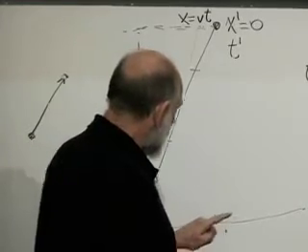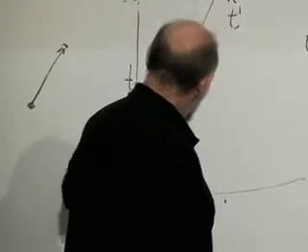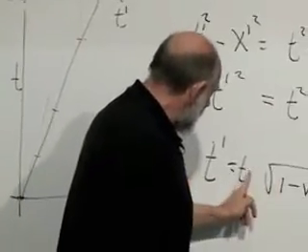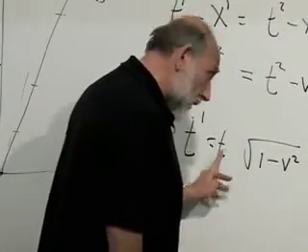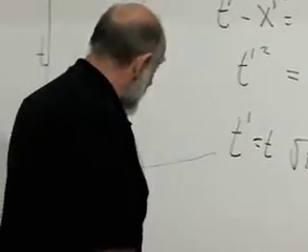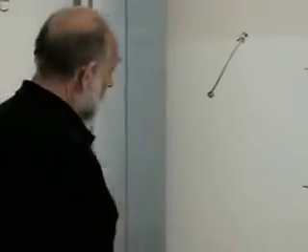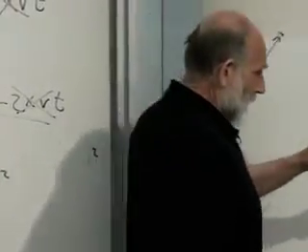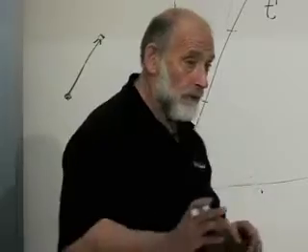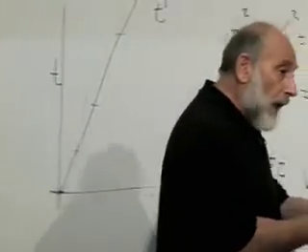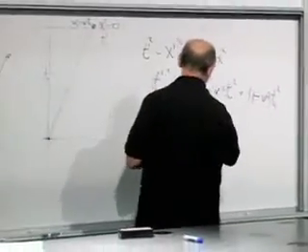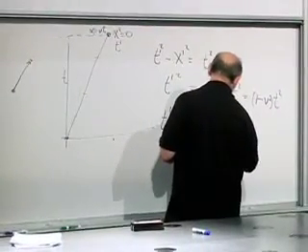In particular, the coordinate time t prime seen in the moving reference frame will be the coordinate time in the stationary reference frame times the square root of 1 minus v squared. So the stationary observers will see the moving clock run a little bit slow. We really should at this point put in the speed of light, c squared.